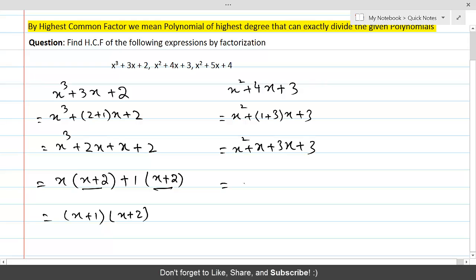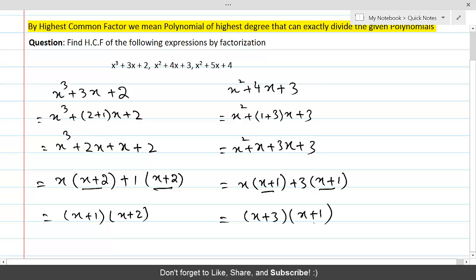If we take common x plus 1, and if we take 3 common from there, then it's the same. That's always the intent of this AC method, to have these common elements which we can take out common. So now it will leave behind x plus 3 times x plus 1.